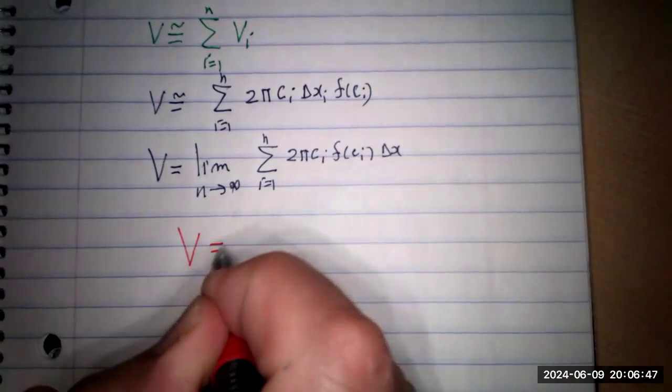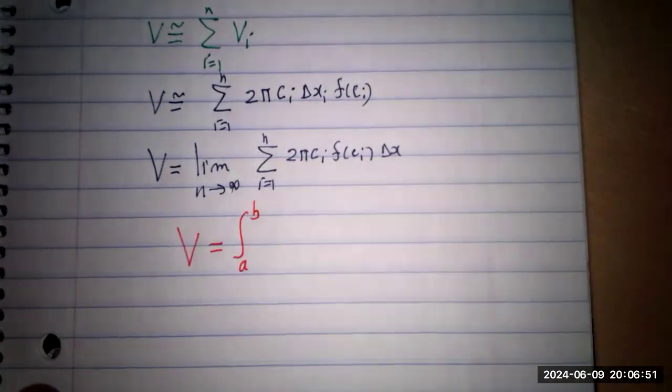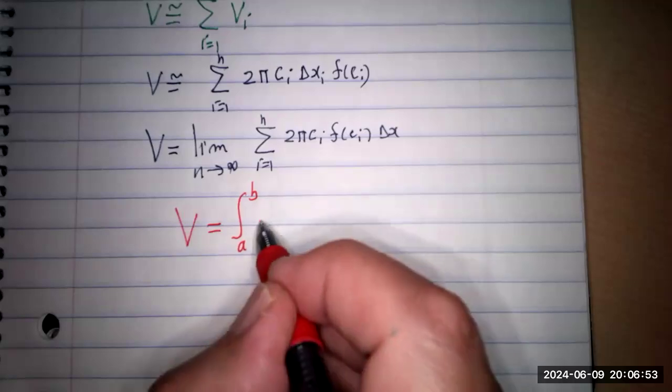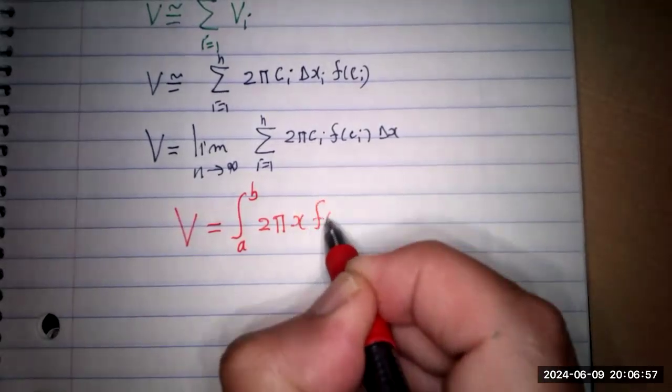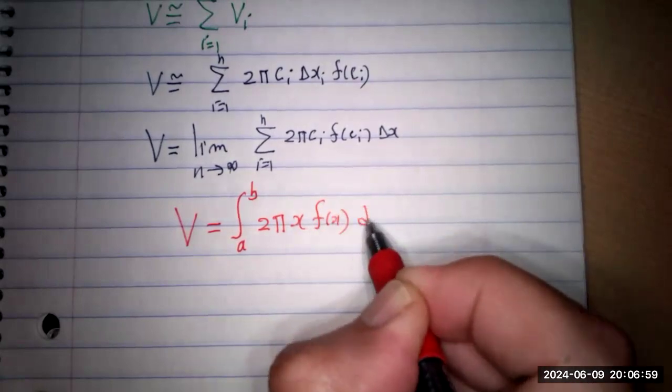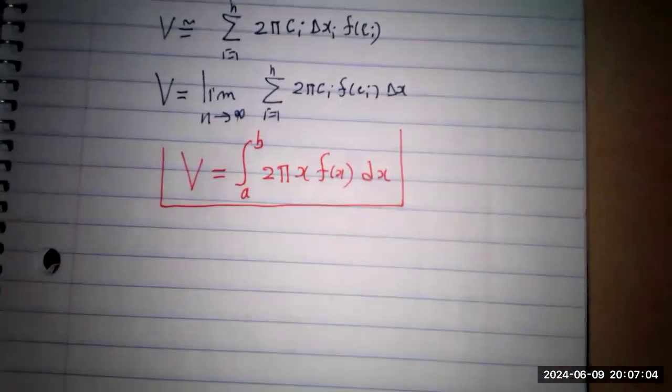The volume is going to be the integral from a to b of 2 pi x f of x dx. Nice. This is the volume of the solid of revolution using the shell method.